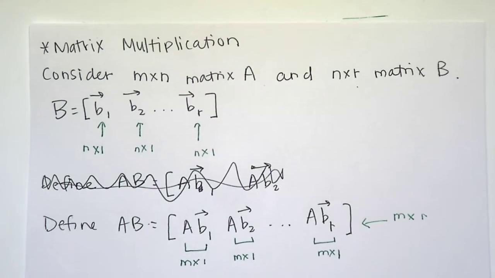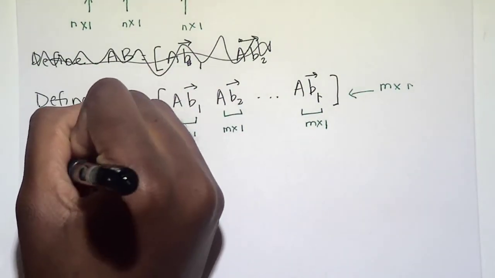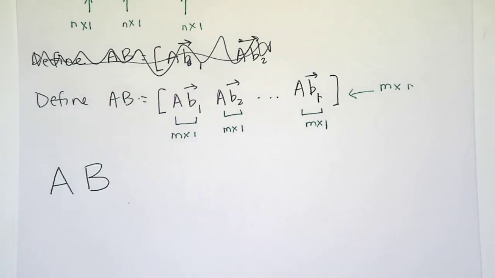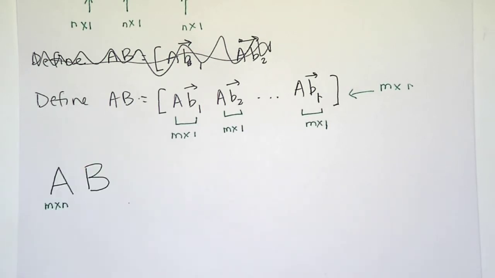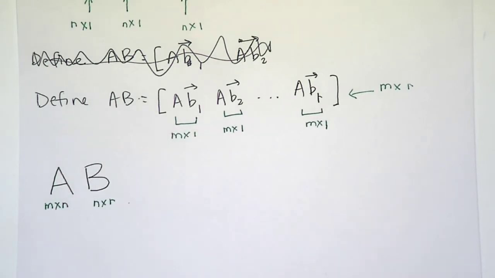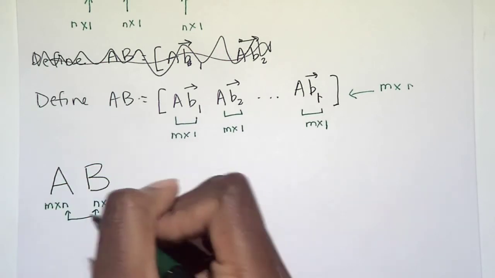So let's write this out. If we have matrix A and matrix B, and we know that matrix A is an m by n matrix, and matrix B is an n by r matrix, we need the inside dimensions here to match.